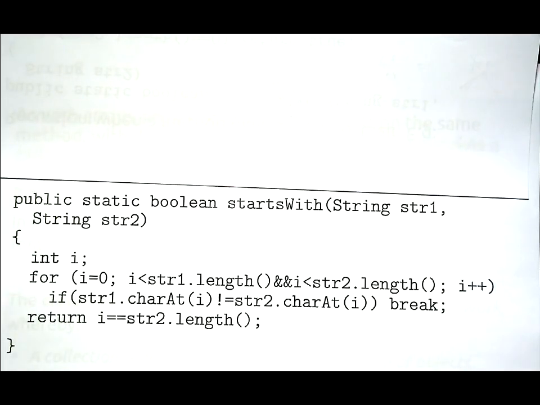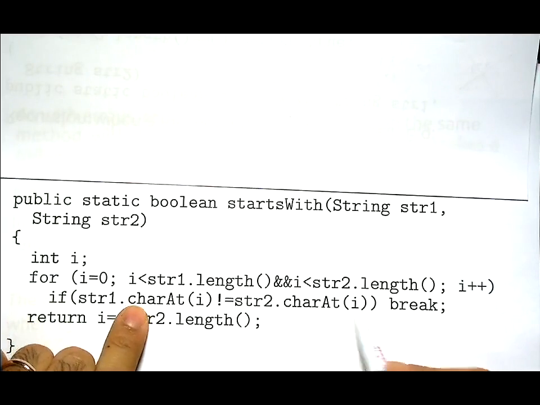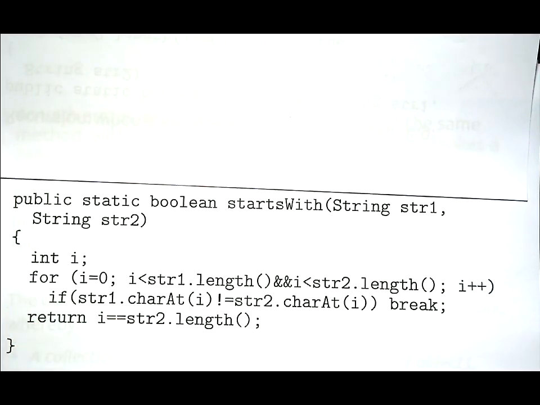And if you find the character where they differ, you say, okay, they're not equal. So basically, if you find the character that they are not equal, you break the loop, and then you see where is this character. Is it at the end of your string? So have you exited this loop because the smaller string finished? Or did you exit this loop because your first string finished? Or because you found a different character?